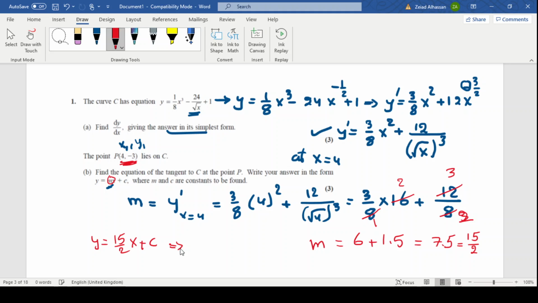Negative 3 equals, divided by 2, that's a 1, divided by 2, that's a 2, means 30 plus c, which implies that c equals negative 33. So the equation of the line is y equals 15 over 2 x plus c. They need it in this form, which is done.